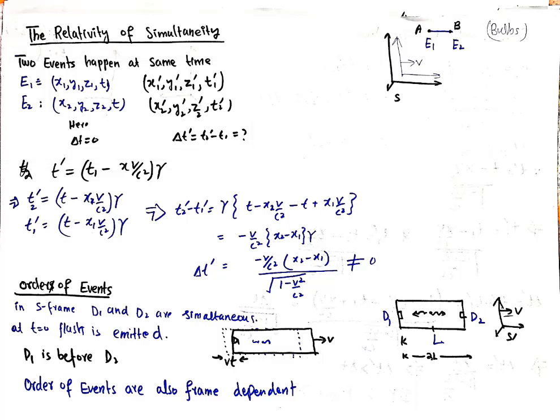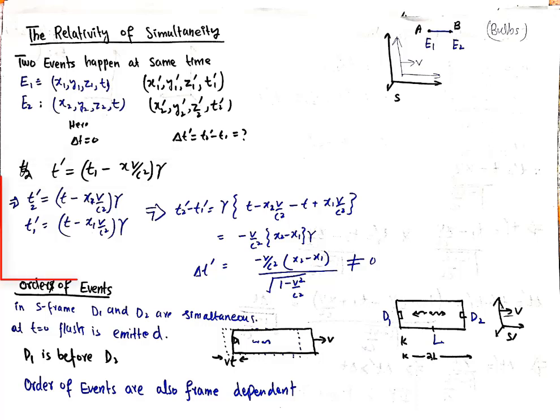In one of my previous videos I derived the Lorentz transformation. This is the Lorentz transformation equation for time. Here t prime represents the time in the moving frame, and the unprimed t represents the time in the rest frame. I can use this transformation equation to find t2 prime and t1 prime.